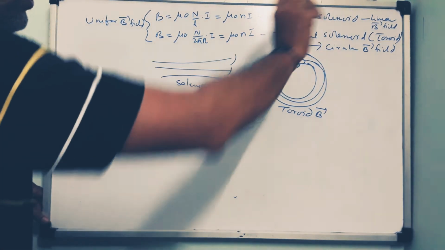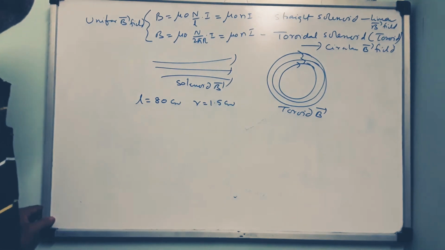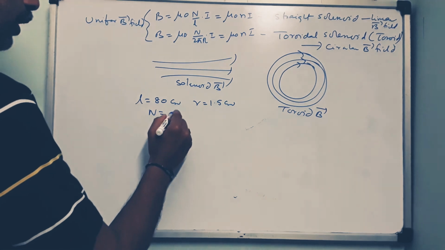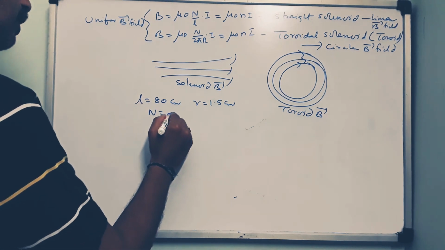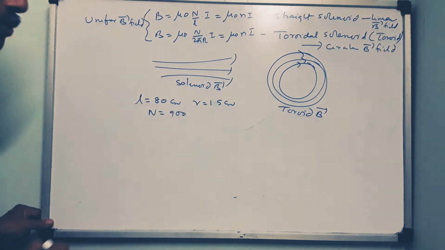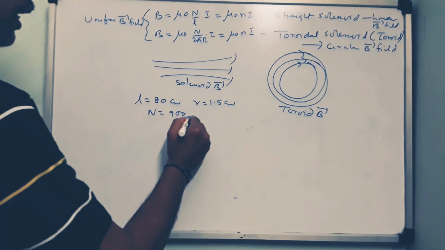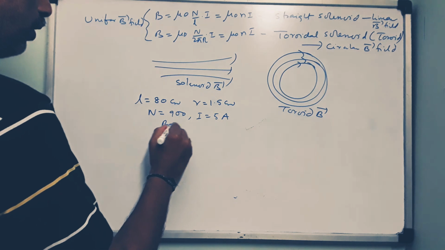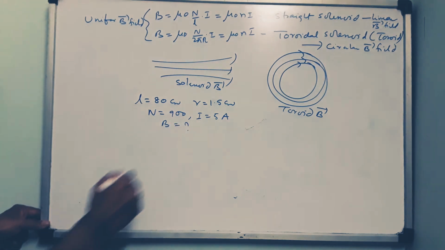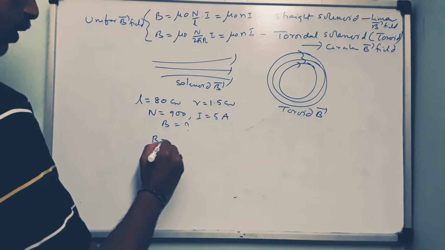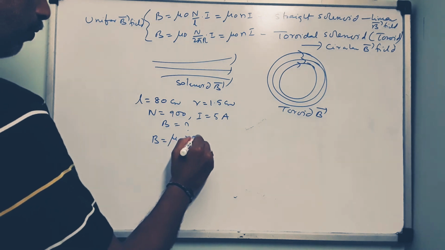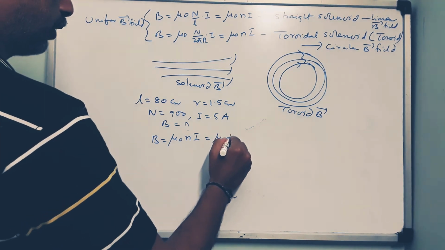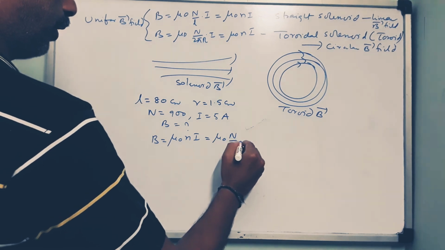In such cases, you can apply this formula B equals mu naught nI, and it consists of a total number of turns, say 900 turns. If you pass a current of I equals 5 ampere, calculate the magnetic field along the center. If it is a straight solenoid, you use this formula B equals mu naught into N into I, where mu naught into N is nothing but N divided by L into I.